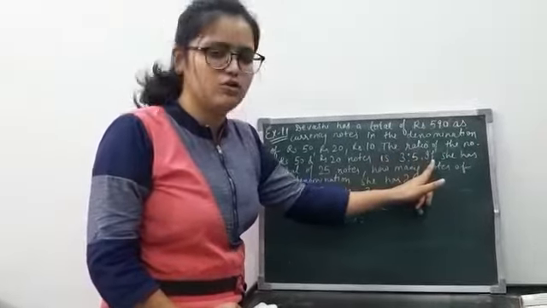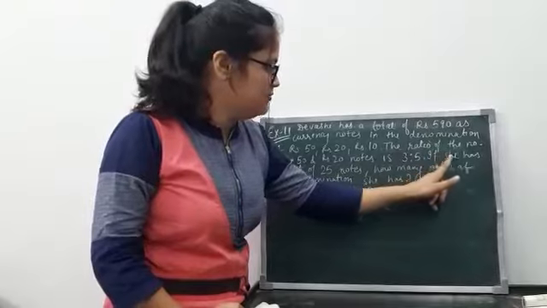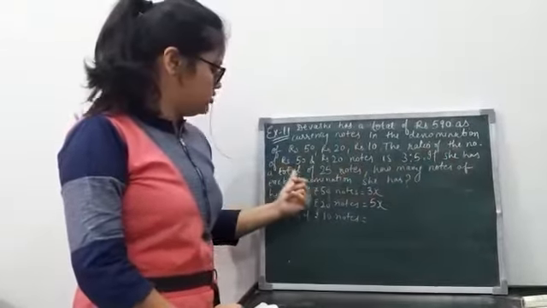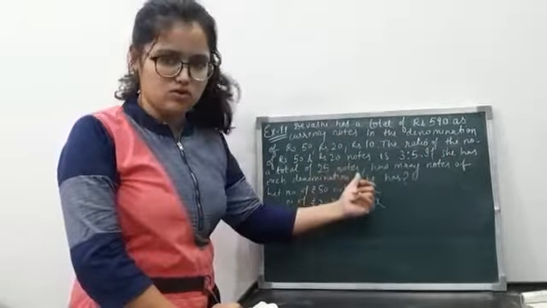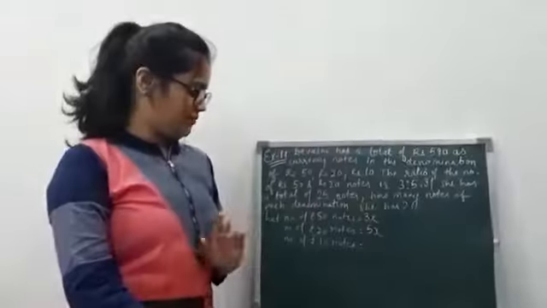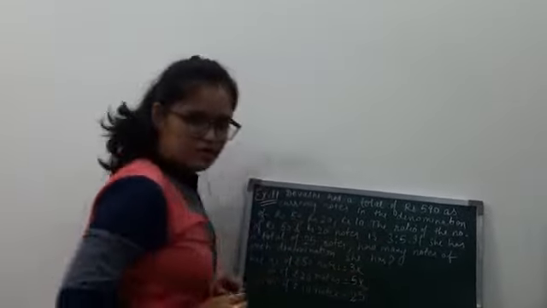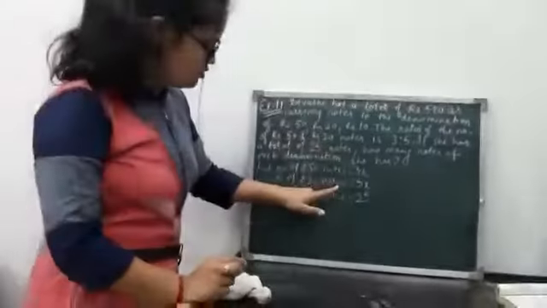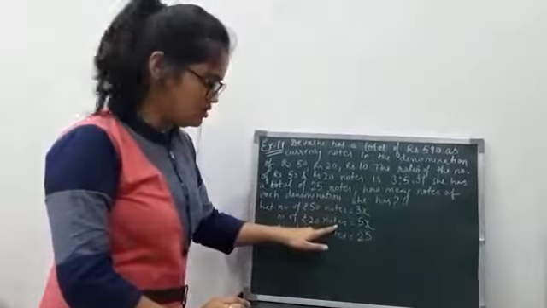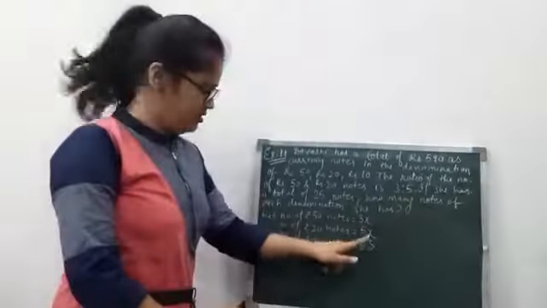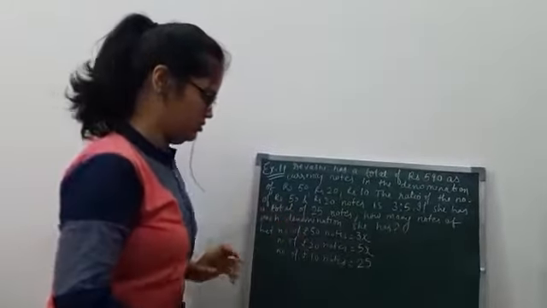So the next line of the statement says, if she has a total of 25 notes, it means if I subtract the number of 50 rupee notes and 20 rupee notes from 25, I will get the 10 rupee notes.